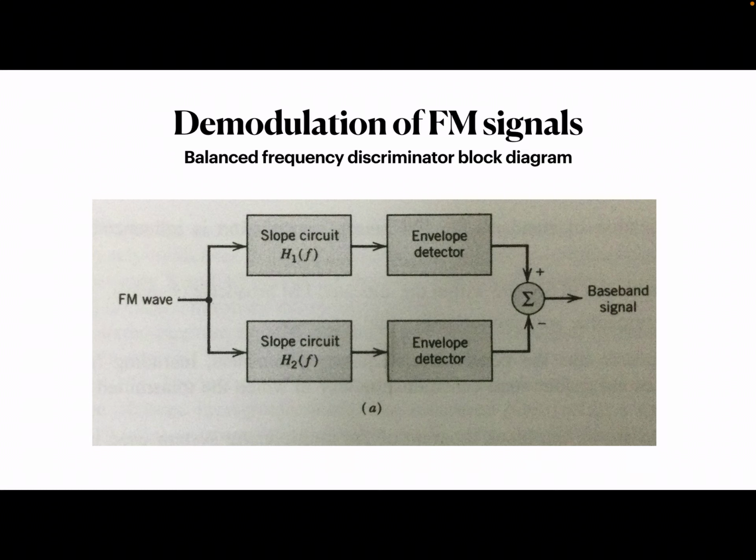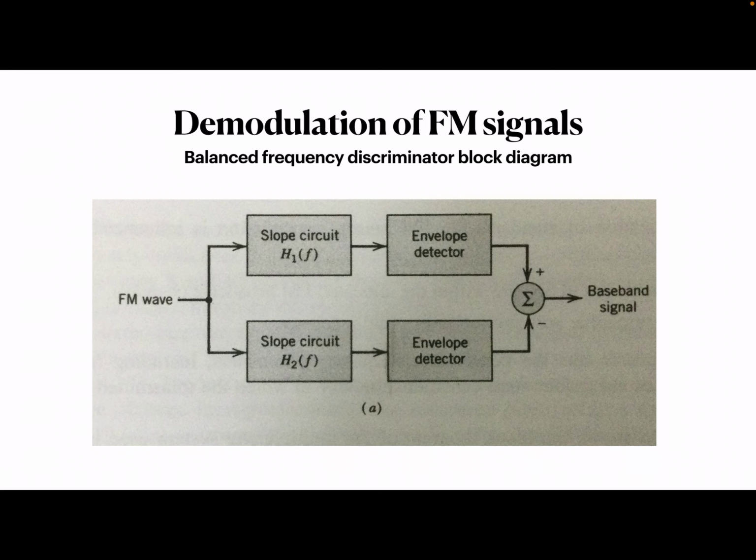So we will take up the first type of FM wave demodulation. We call that a balanced frequency discriminator, or you can also call it a balanced slope detector.